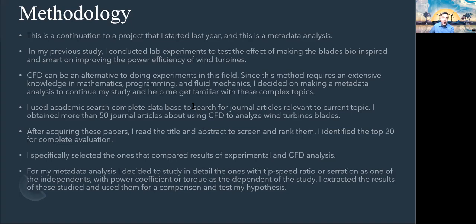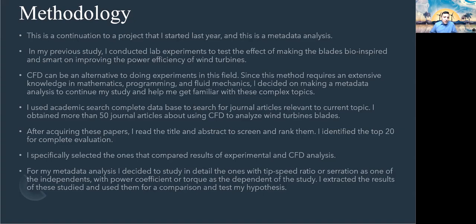I acquired over 50 journal papers, and I have summarized them until I got about the main 5 that I wanted to use for my meta-analysis. I summarized them by reading the title and abstract and finding ones that met the criteria that I wanted.